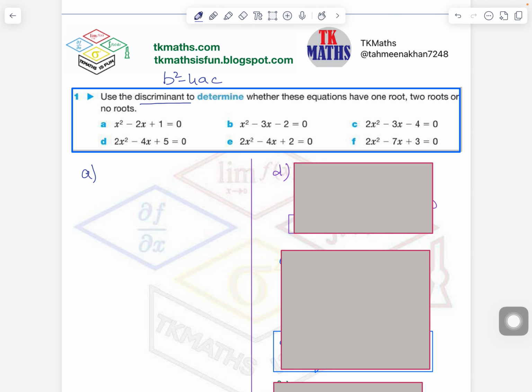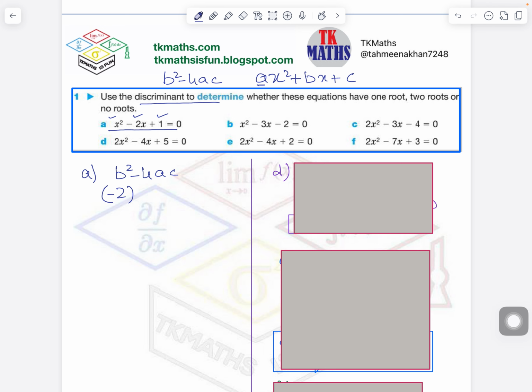Because I have to use the discriminant to determine the types of root, which is also called the nature of roots, I will do b square minus 4ac. If you compare this equation with the general quadratic equation, for part 1, a is 1, b is minus 2, and c is 1. The coefficient of x square is your a, and the coefficient of x to the power 1 is your b.